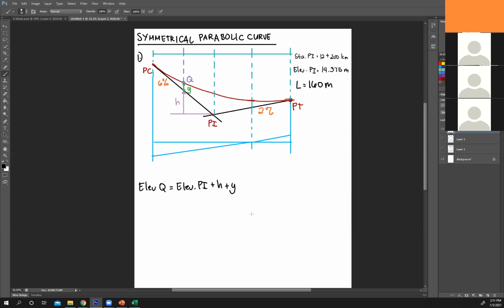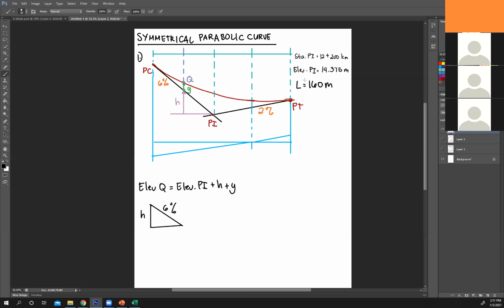So let's start with H. To get H, notice this. Okay. This forms a right triangle. So this is your H. This line, right, has a grade of 6%. Then what is this? So remember, total length of this is 160 meters.